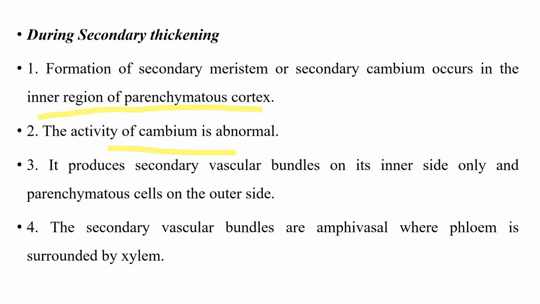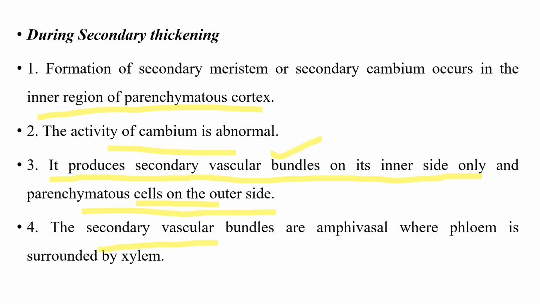The activity of cambium is abnormal. How? Because it produces secondary vascular bundles on its inner side only, and parenchymatous cells on the outer side. Generally, cambium produces secondary xylem towards the inner side and secondary phloem towards the outside. But here it produces secondary vascular bundles towards inside, but parenchymatous cells towards the outside.